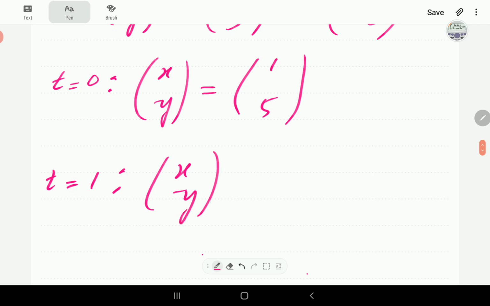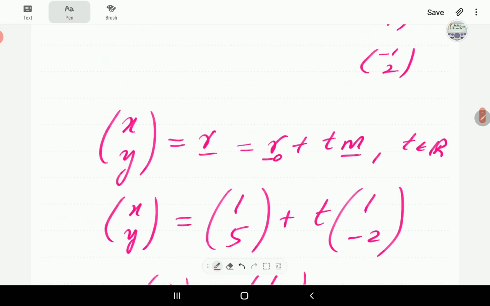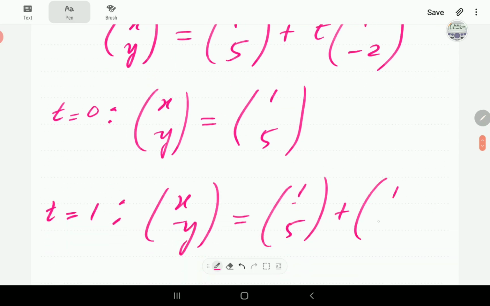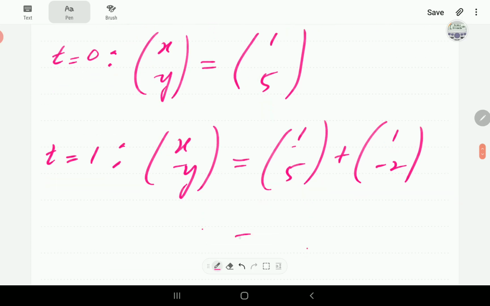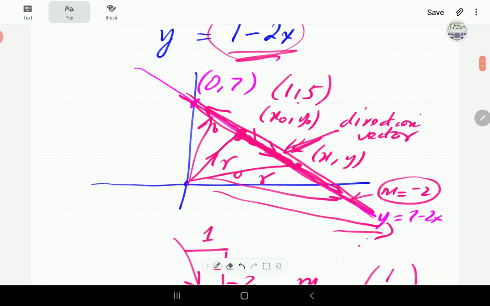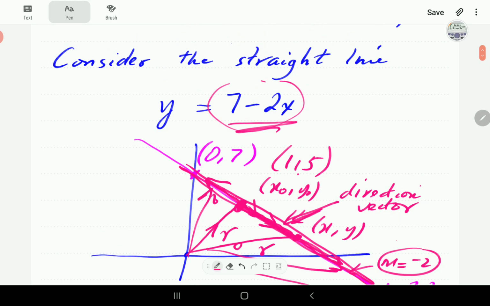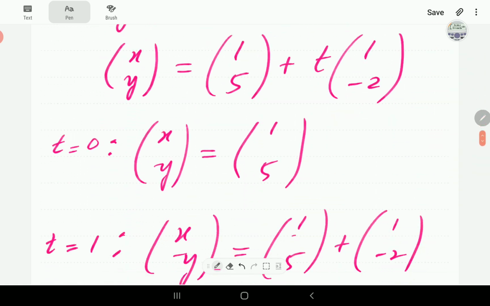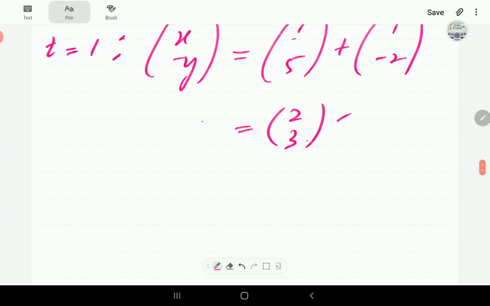When t is 1, it's going to be (1, 5) plus (1, -2). So this is going to be (2, 3). Now you're going to find that if x is 2 here, y is going to be 3, because it's going to be 7 minus 4. So (2, 3) is on that line.